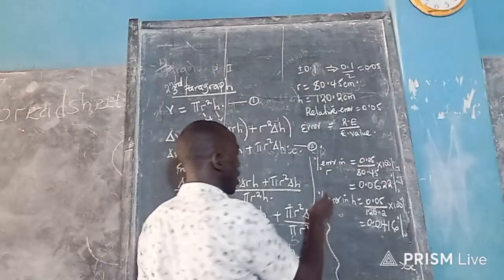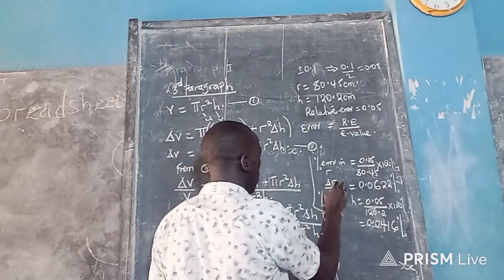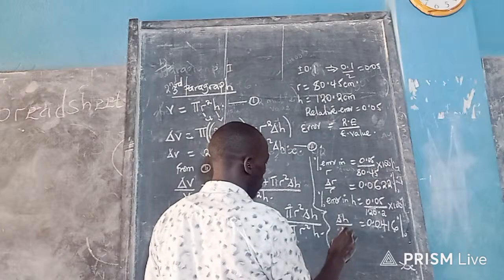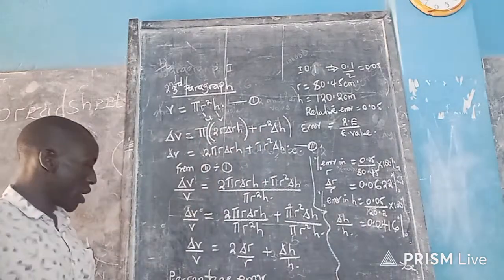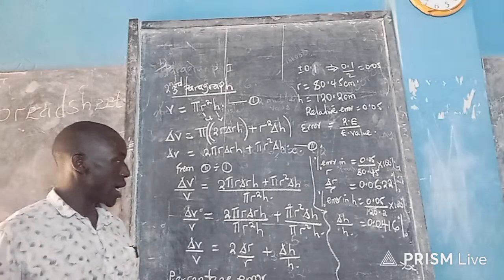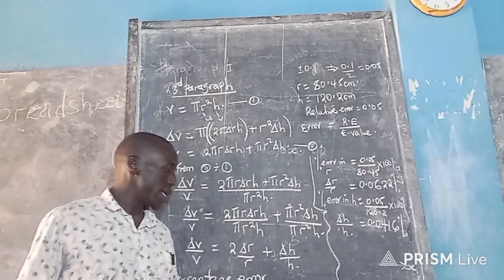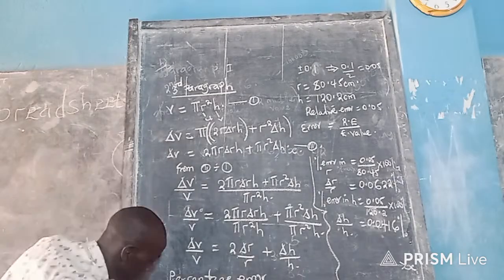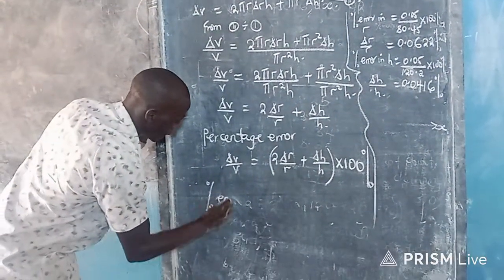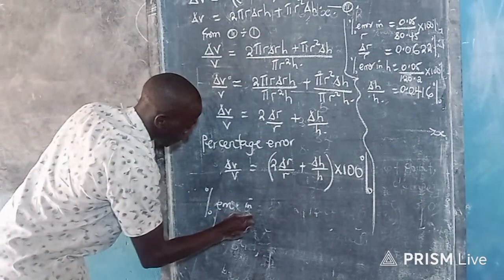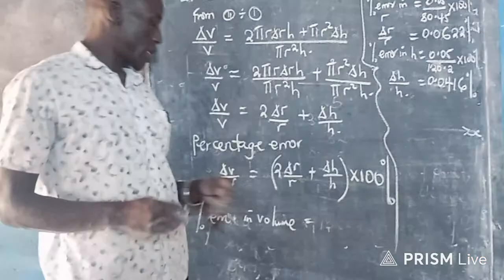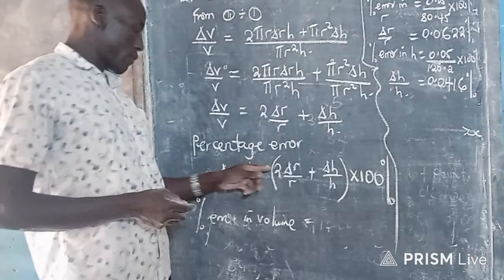So what we are obtaining here is representing the change in R divided by R. This is representing the change in H divided by H. Meaning that for the percentage error, I've got the value of the R over R and the H over H. So I'm going to say the percentage error in the volume, I'm going to substitute for those values in this statement.